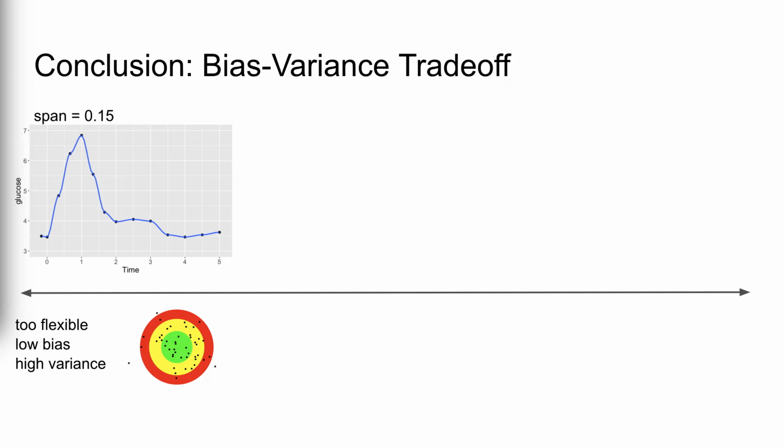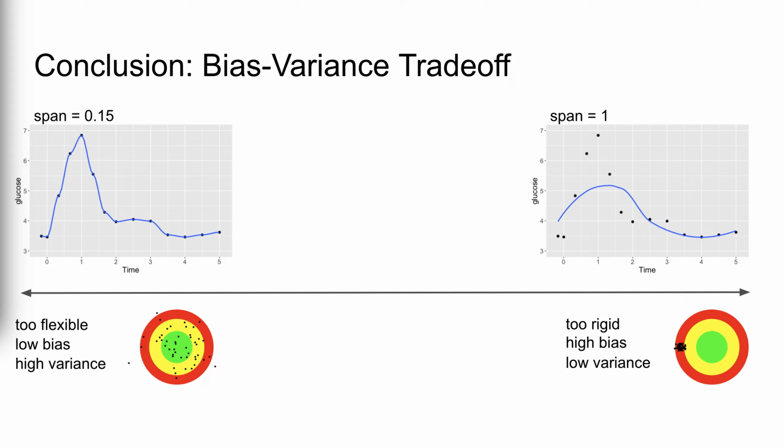At the other extreme, we can pick a span, thus a local neighborhood, that's too large. This produces an overly rigid model that loses the local trends. And though a rigid LOESS model will be stable and won't vary much if we use different data, it's also greatly biased.